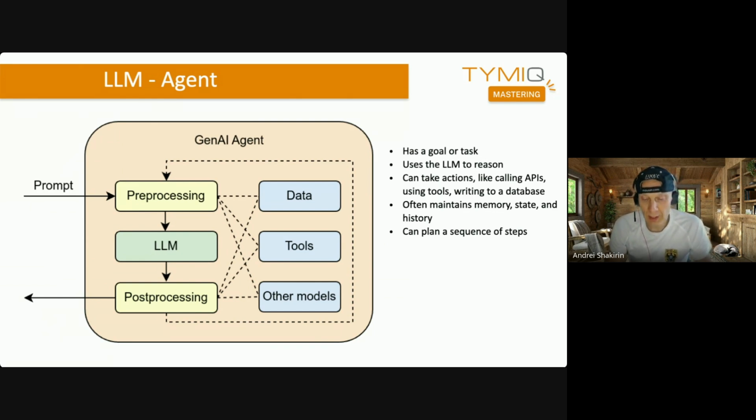We select a subdomain or bounded context, say we need to resolve some task. We need to build a chat, for example, or make a decision for some business case. And we pack all necessary components inside the agent. So we definitely will have an LLM. The LLM is an important part of the agent flow.